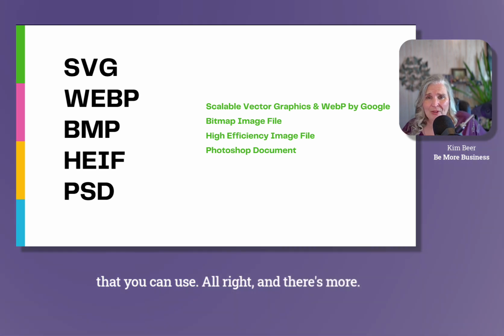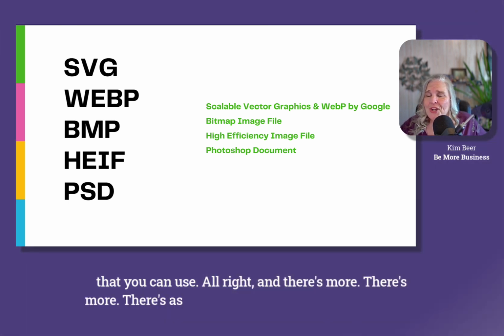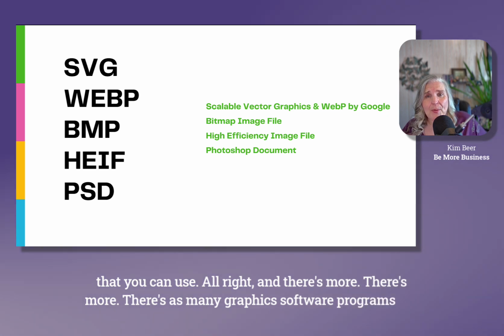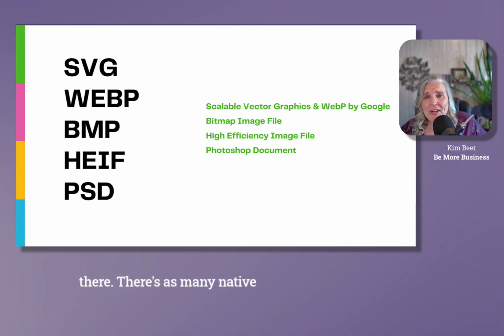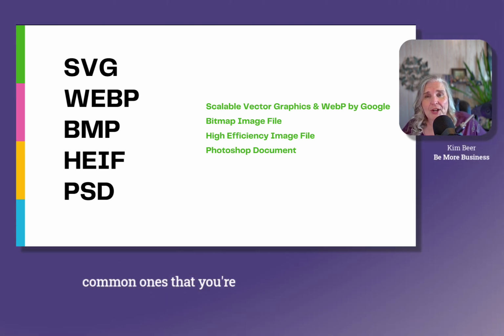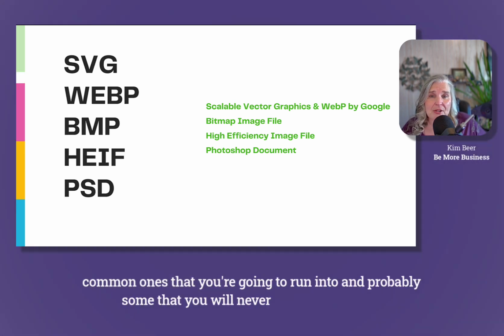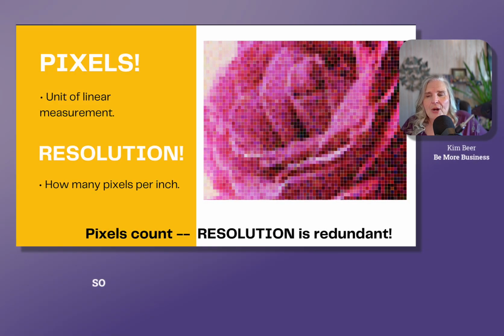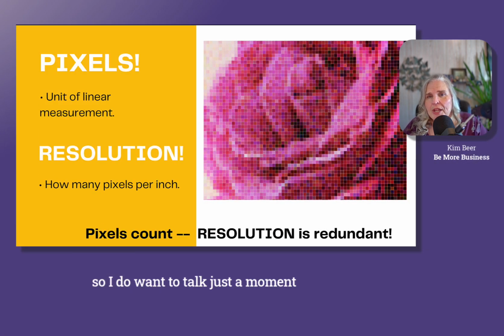And there's more. There are as many native file types that you can save as there are graphic software programs out there. These are just probably the most common ones that you're going to run into, and probably some that you will never ever see.